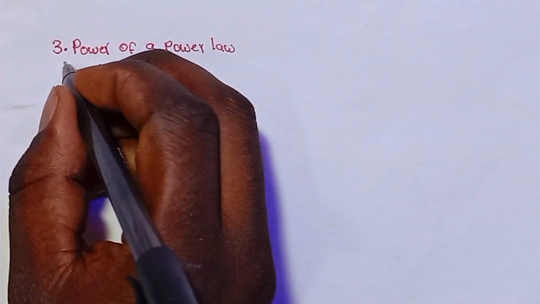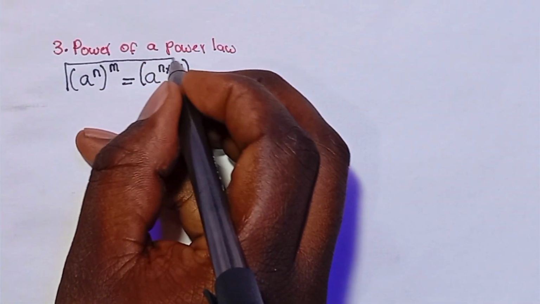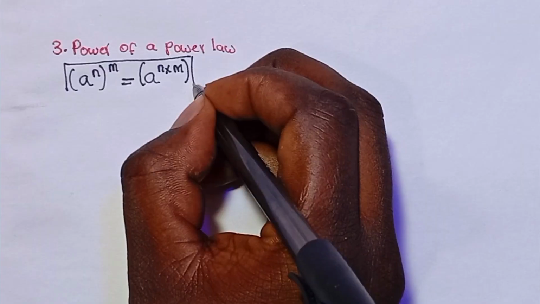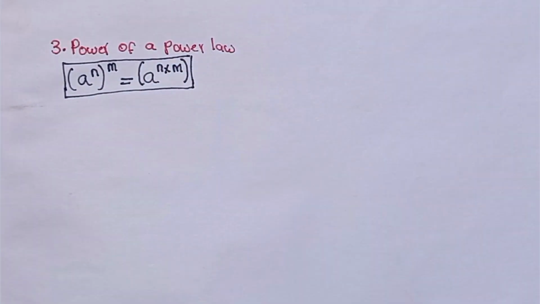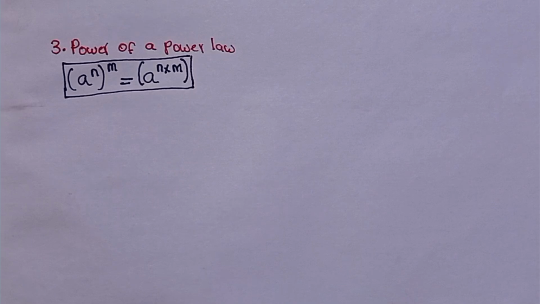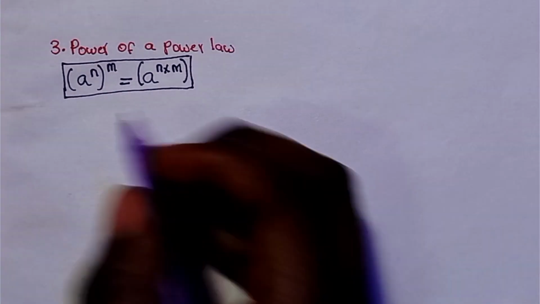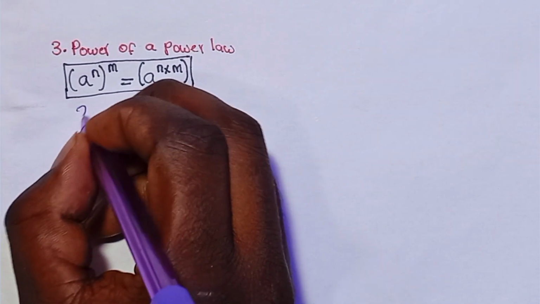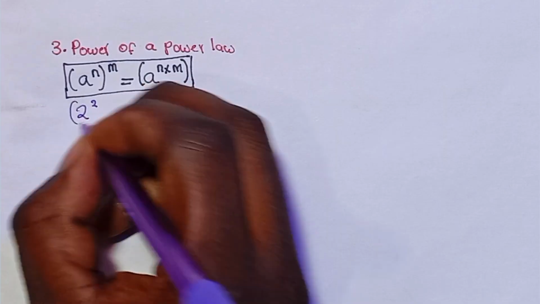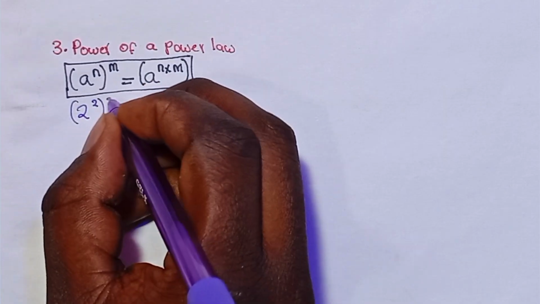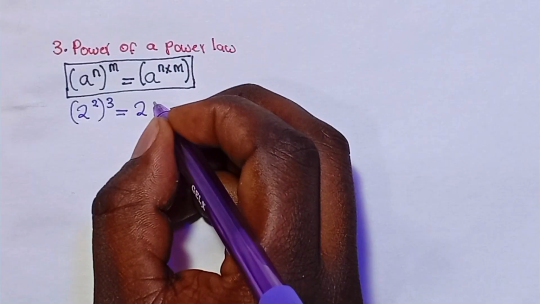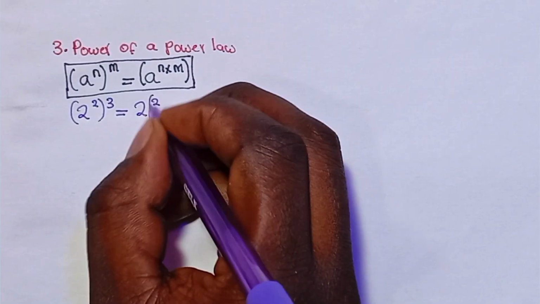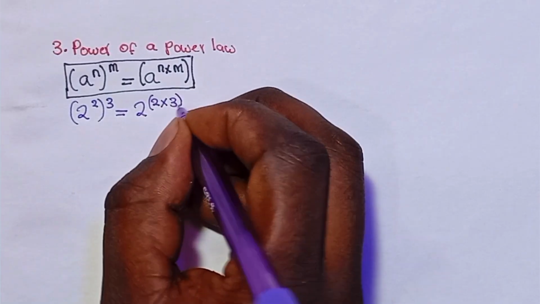So this is the power of a power law of indices. You should always remember that. So in our illustration, we are going to use, for example, 2 squared and the whole of it raised to 3. So we are going to have 2 raised to 2 times 3.